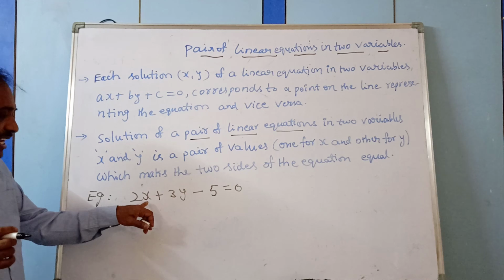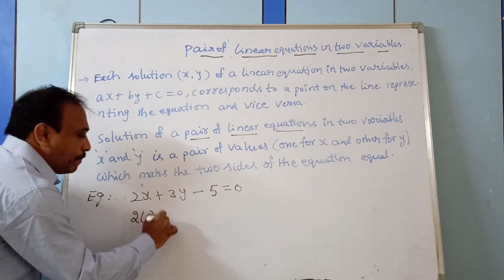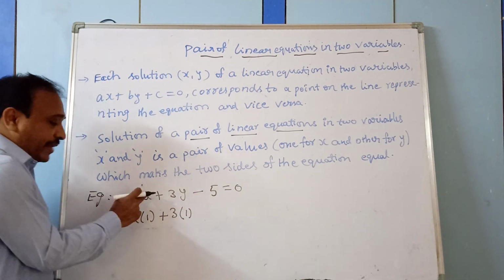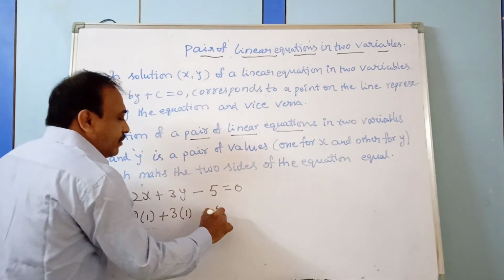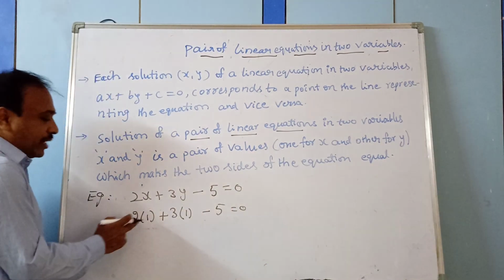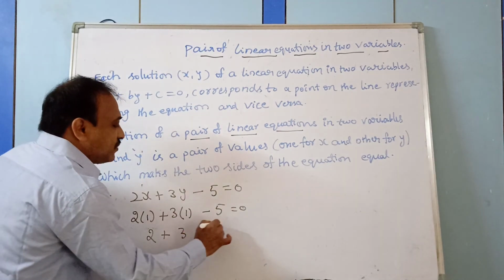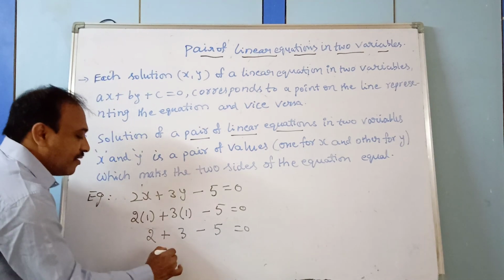Suppose I give the value of x as 1 and for y also 1, then 2 into 1 plus 3 into 1 minus 5 is equal to 0. 2 ones are 2, plus 3 ones are 3, minus 5 equal to 0. 2 plus 3 is what? 5.